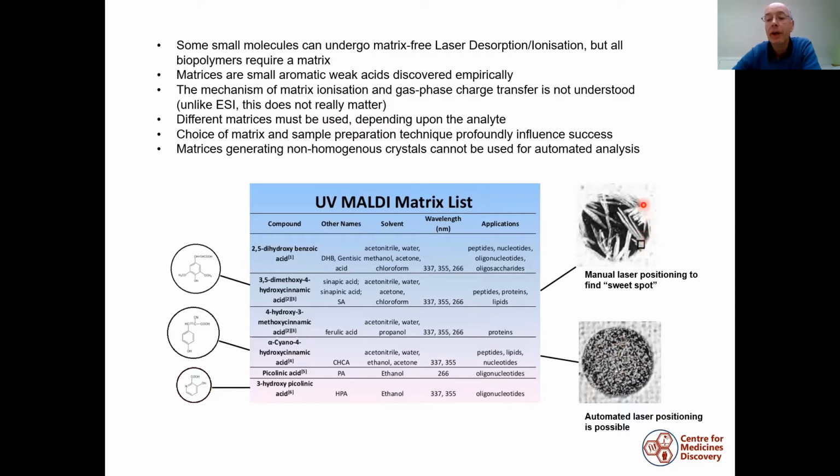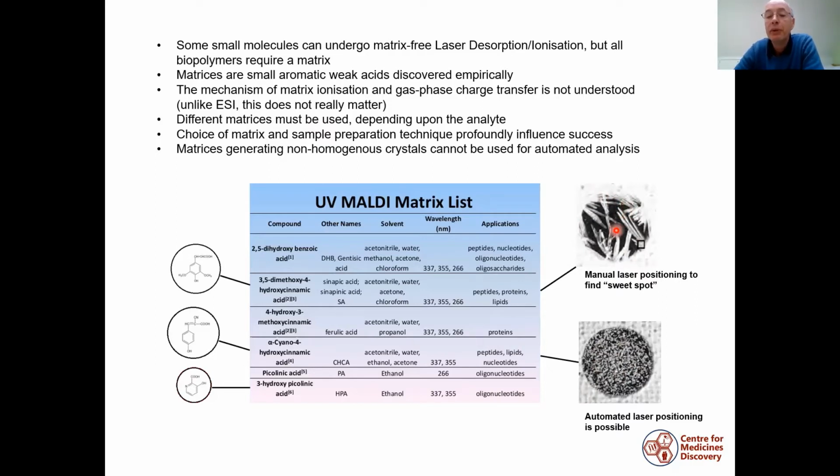However, if you compare this with this matrix, which is sinapinic acid, you will see the matrix crystals have this kind of feather-like morphology. And in order to get any signal, it's necessary to steer the laser onto the base of these crystals. And there are several hot spots, several sweet spots in this sample where you may get a signal. But if you're in the wrong position, you won't get a signal.